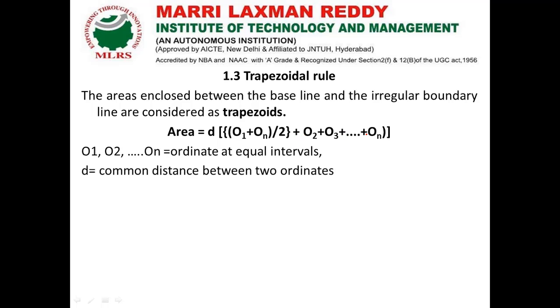Okay, so this is the formula, that is d into O1 plus On divided by 2 plus remaining ordinates O2 plus O3 plus etc. up to On.